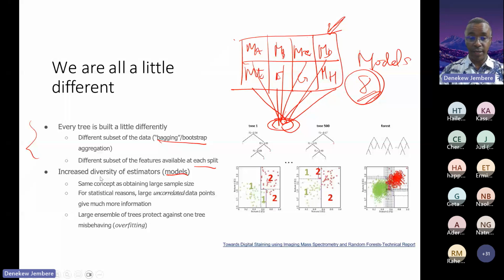In any case, the concept of increased diversity of estimators or models is the same as obtaining a large sample size, and for statistical reasons, large numbers of uncorrelated data points are important. We have to at least ensure that the attributes or features that are involved are not correlated to each other.